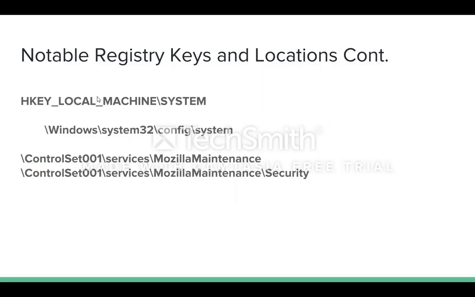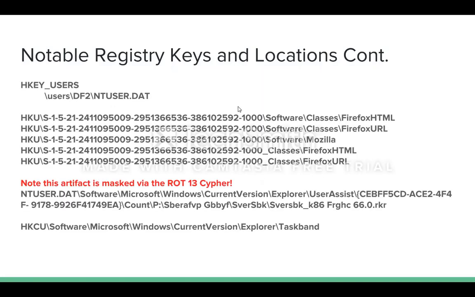Our system Hive and the HKEY local machine had a couple entries, Mozilla Maintenance, and another folder there. Our ntuser.dat, our HKEY current user, we had a couple of entries as well. And then our main prize here, we have a UserAssist key entry buried and then encrypted in ROT13 cipher. You can call that encryption.